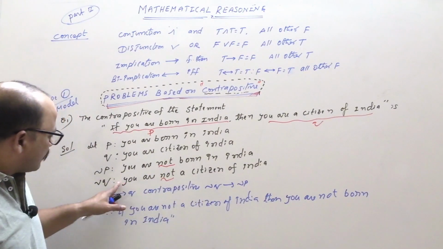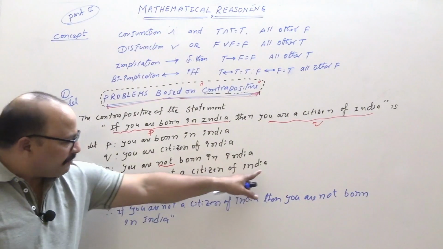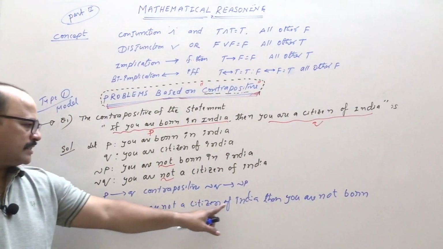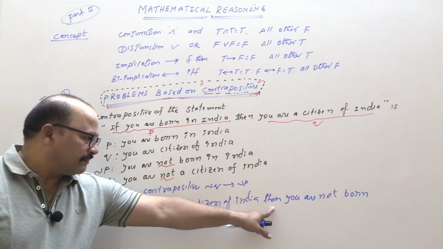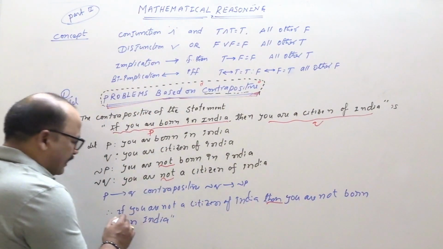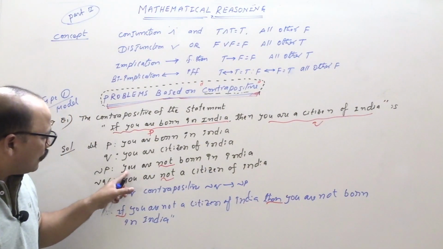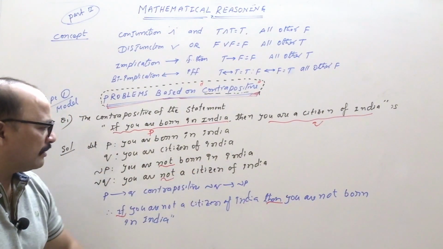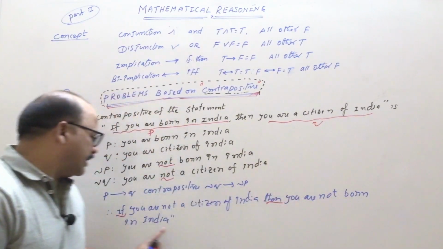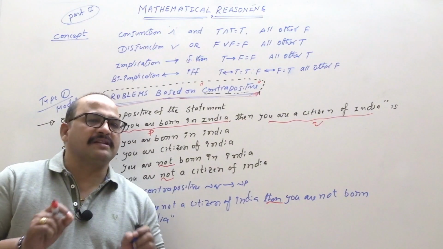Negation Q means write this: if you are not a citizen of India, then, mandatory, negation P, which is nothing but you are not born in India. This is the contrapositive question model, the first question.